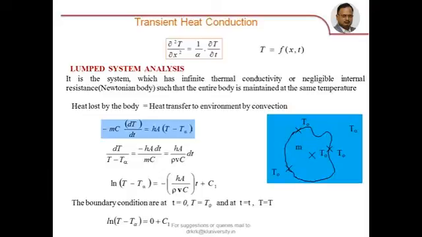So to solve this equation, different cases are proposed. The first case is lumped system analysis, or negligible internal resistance body, or Newtonian body, or infinite thermal conductivity system. The second case is a semi-infinite body. And the third case is a general case.